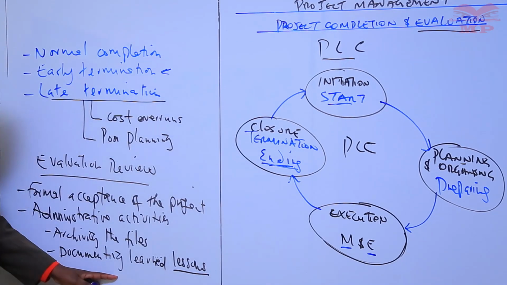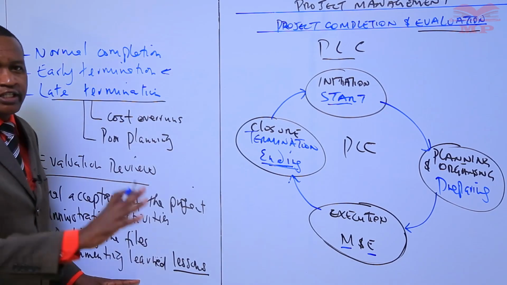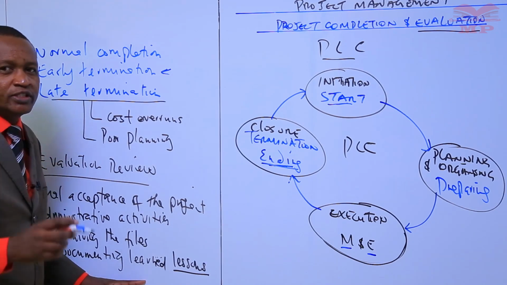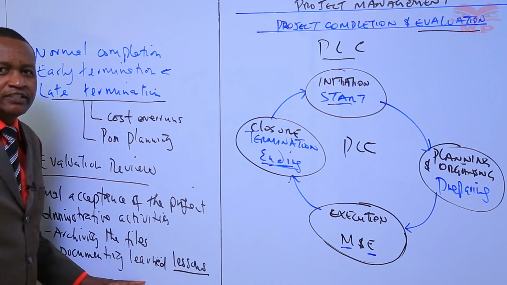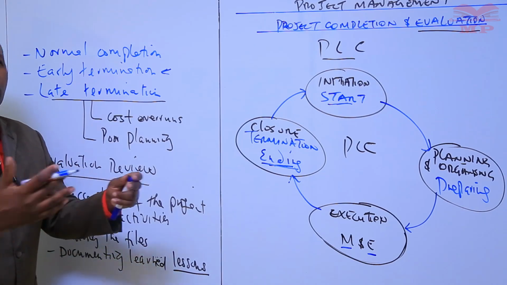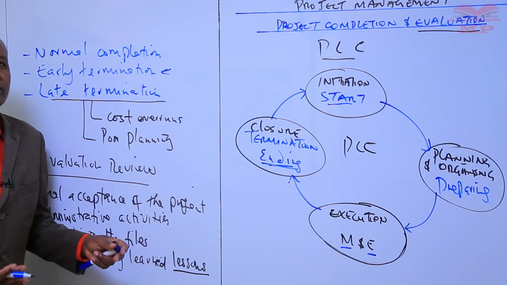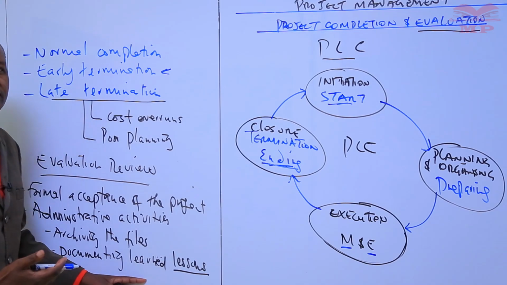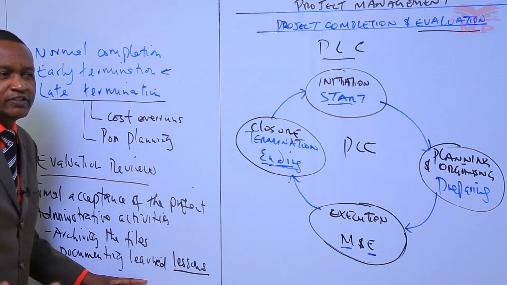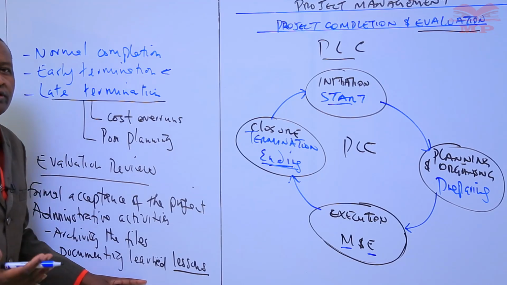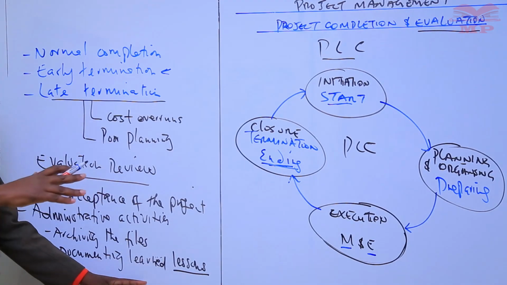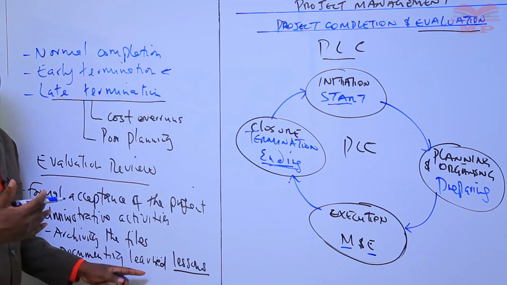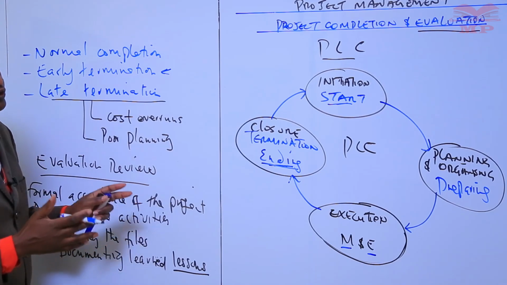And candidates, before closing the project, the project manager must ensure that all the activities across all the process groups are finalized. That is, candidates, finalizing all activities across all of the process groups to formally close the project or the project phase, project completion phase.